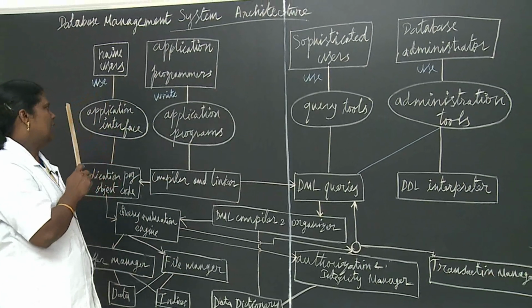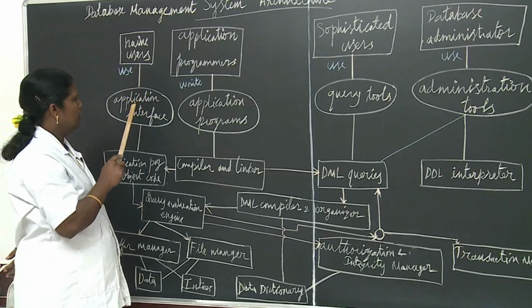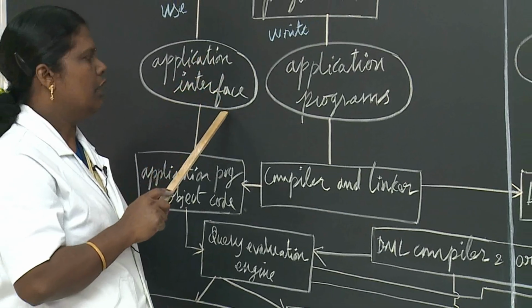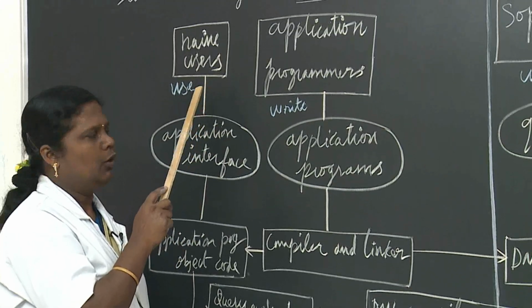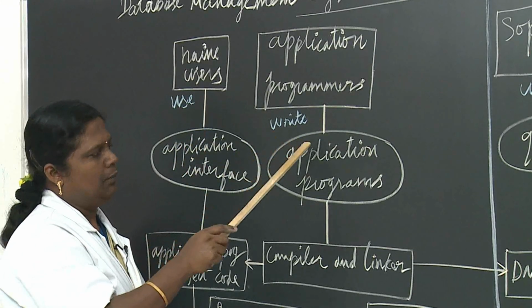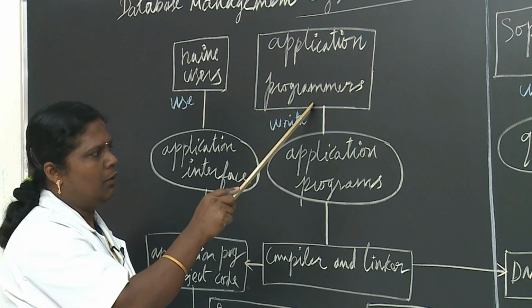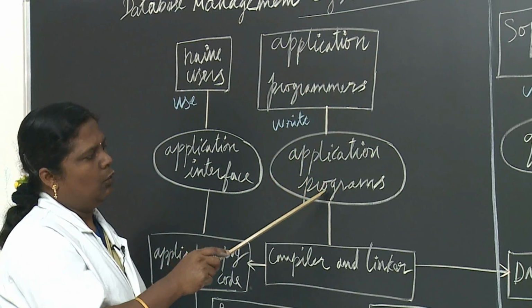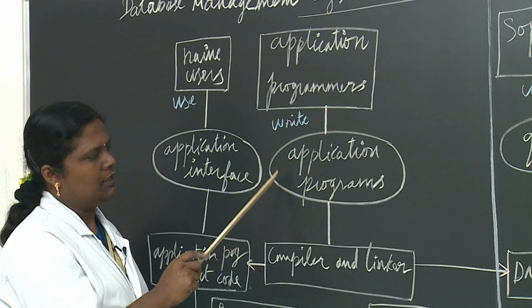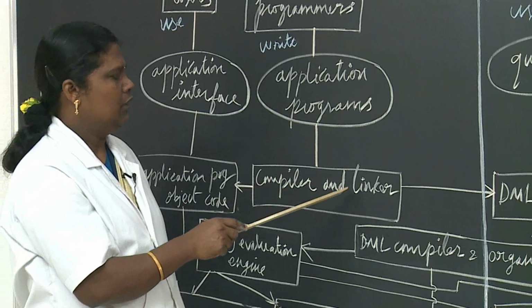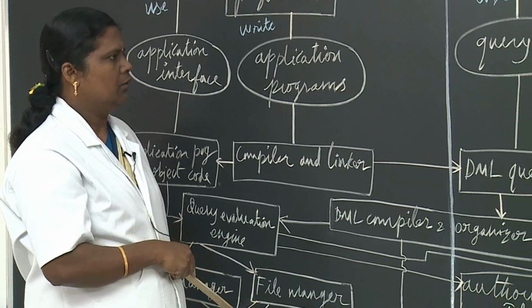So in the next level, application interface. This interface is used to help the naive user in order to access the database. An application programmer, here the user name is application programmer, can write their own application programs and that is represented here. So they can be combined and used to access the database system.